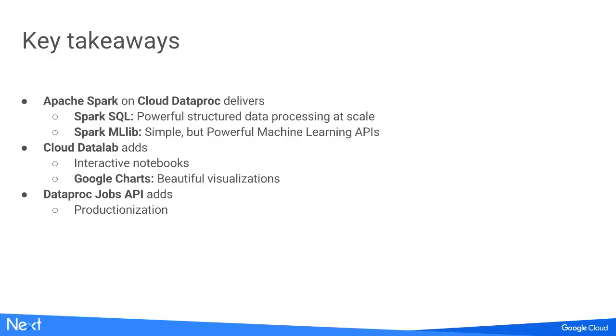When you use it with Datalab, you get that interactive just run, go back and edit your parameters options. Or you can use parameter grids so you don't have to. And that beautiful visualization of Google Maps, Google Charts, and other things. And lastly, with the Dataproc Jobs API, you can take all of your trained models and reuse them elsewhere.